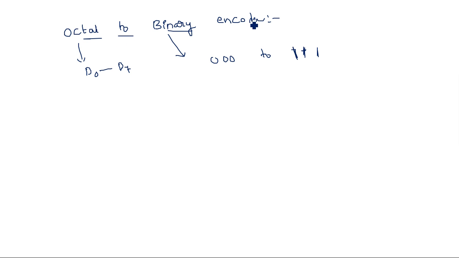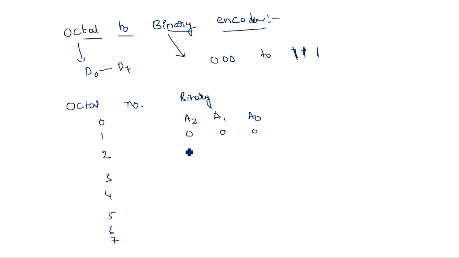With this, let us first draw the truth table. So octal to binary: we have octal numbers 0, 1, 2, 3, 4, 5, 6, 7, and binary has 3 bits of information, A2, A1, A0.